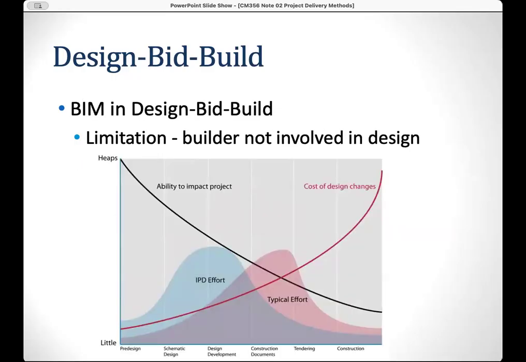So BIM has limited deployment or integration in design, bid, and build, because the builder is not involved in the design. As we see in the plot over here, if we can have BIM involved early, that means we'll be able to impact the project early, right?